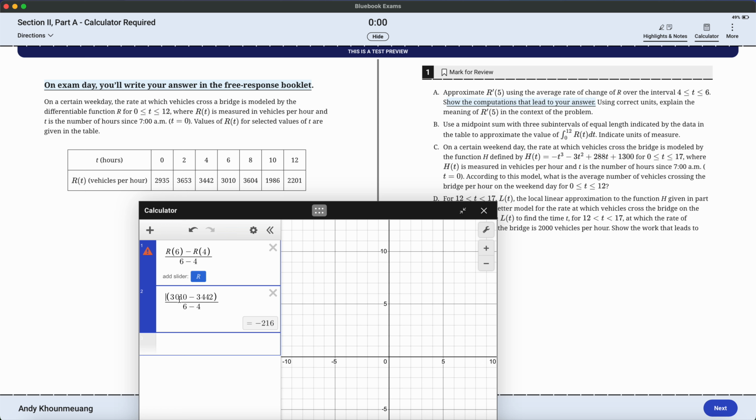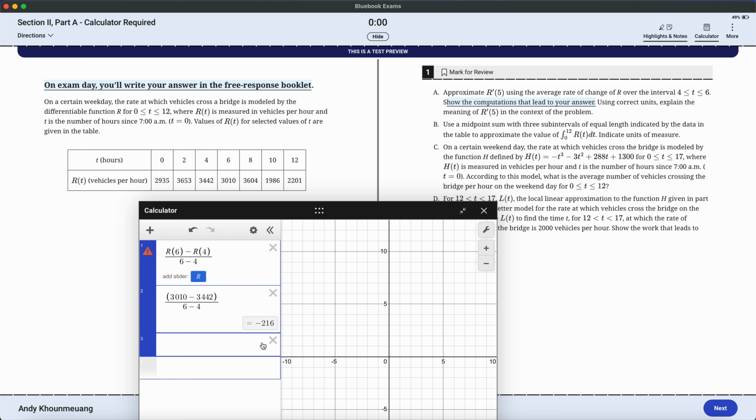So we get negative 216. Now, if you write this right here and only this, they'll give you full credit because technically this is a numerical answer. If you say negative 216, then you need either this right here or this right here, aka your supporting work for negative 216. So that's going to be like your first point. I don't know the breakdown of this, but we're going to pretend that's your first point.